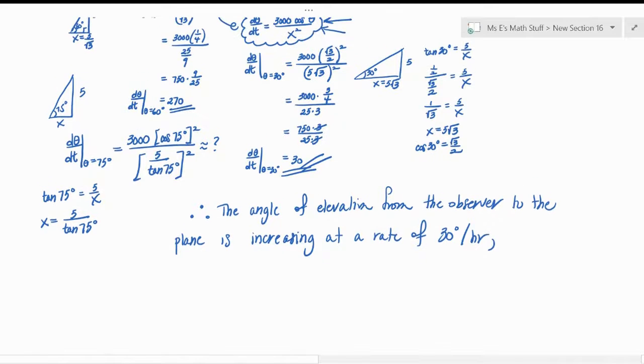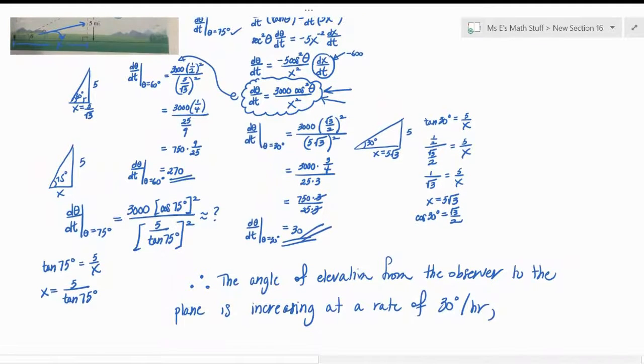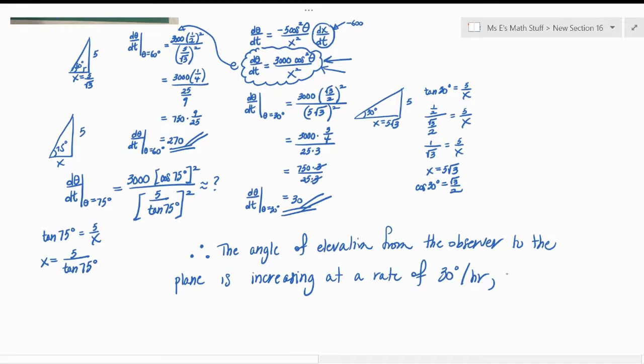And for 60, what did we get? I should have underlined it. Oh, I did. Okay, 270 degrees per hour. And then I personally would punch that into a calculator, but if you're like me, you don't really have a calculator right now.